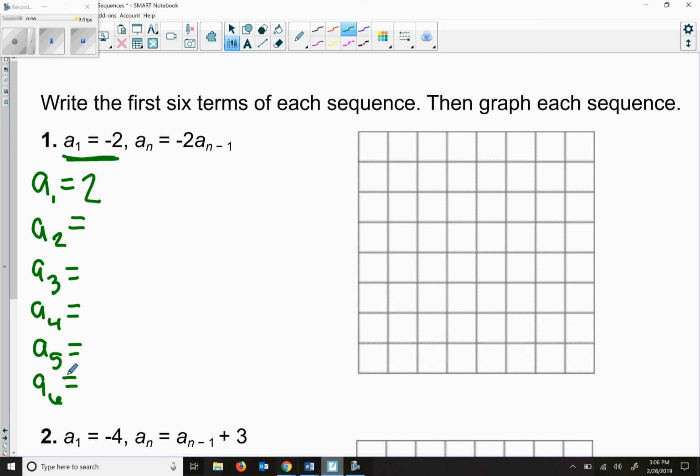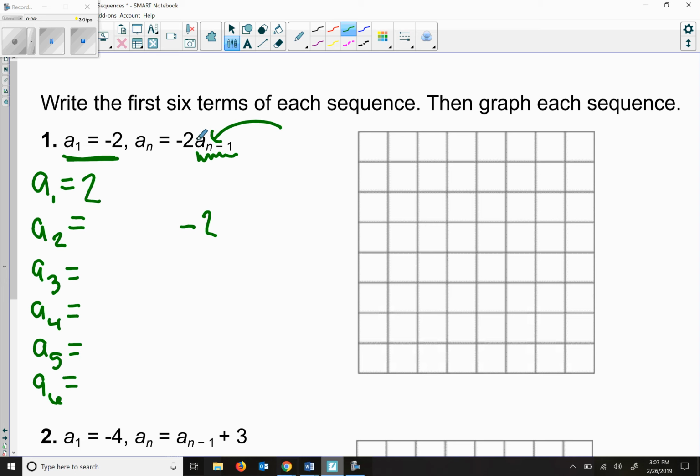It's really important for us to know the first term, and actually, because of that right there, I was wrong. It actually does show up in these examples. So what's going to happen here, you guys? To find our second term, you have to take -2 times, so this is the second term, right?